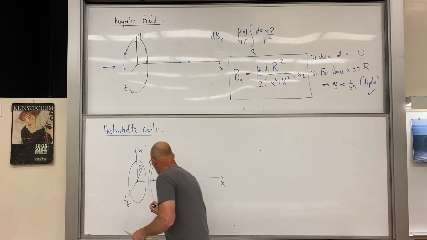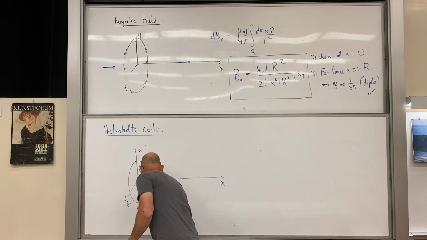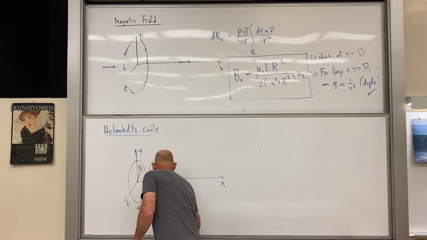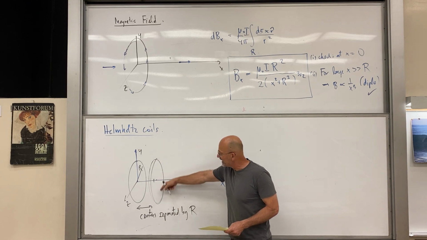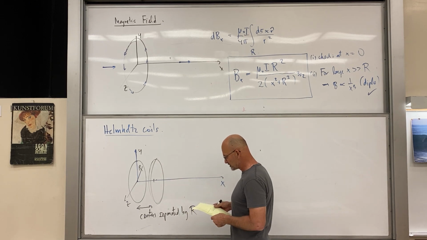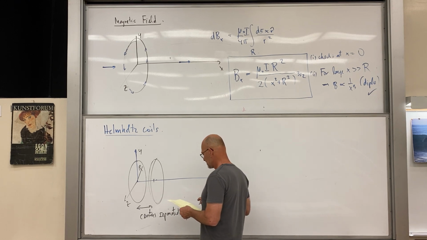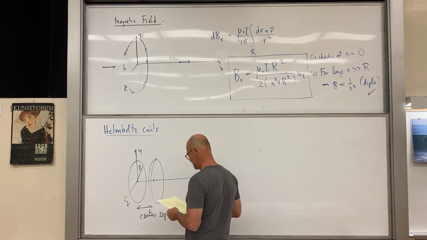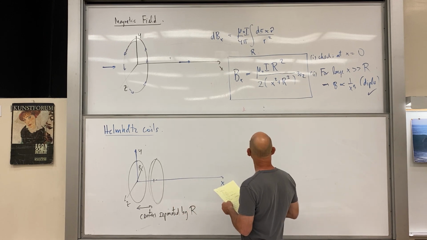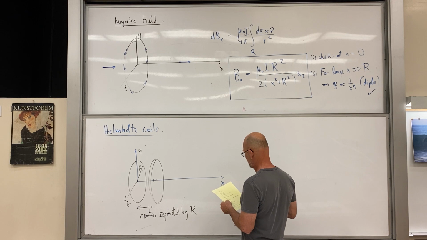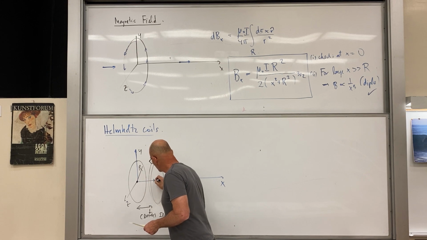So the centers of these coils are separated by a distance which is equal to the radius of the coils. I should have brought them back in here. So this one's centered here, this one's centered here.